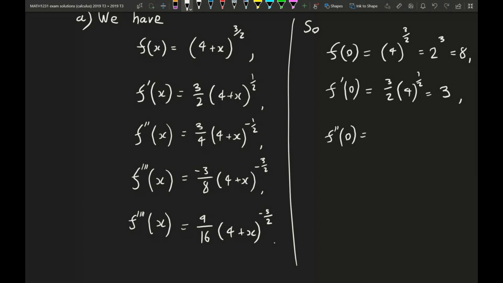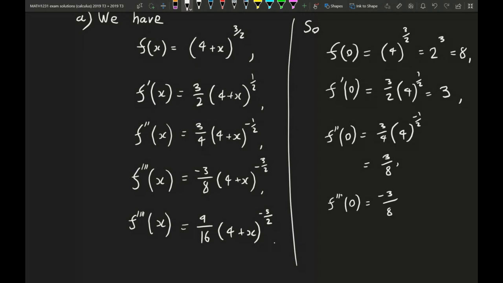Second derivative: 3 quarters times 4 to the minus a half. Well, that's 3 quarters times a half, that's 1 over the square root of 4. You could be using a calculator for this; you're allowed to use a calculator. Next, the third derivative, and this is the last one I need to calculate.